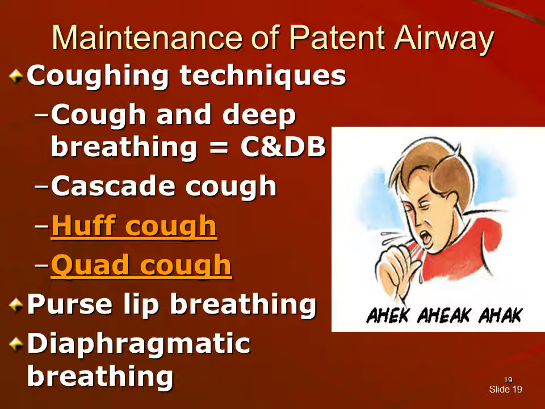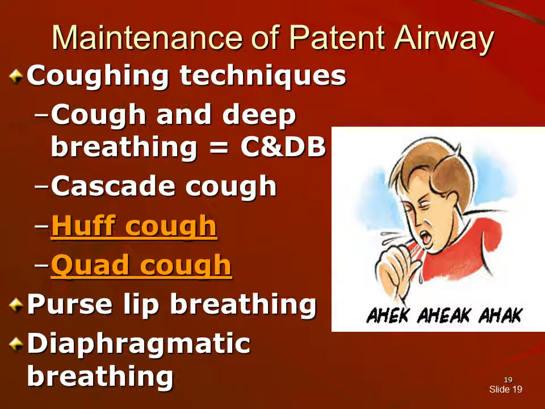You will see on the next slide a video of a huff cough. With practice, a patient inhales more air and is able to progress to the cascade cough. The quad cough you will also see in a few slides in a video.